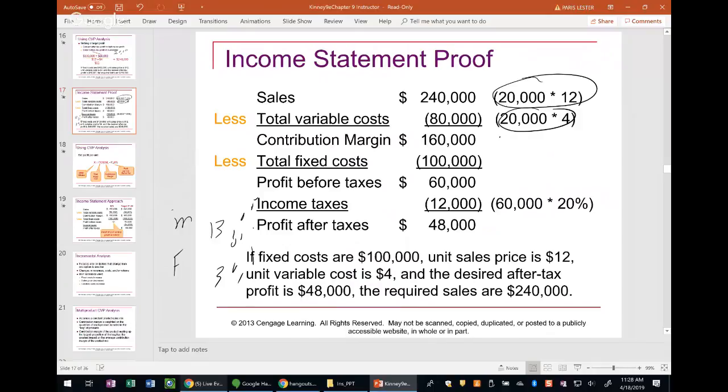That gives you 160,000 contribution margin. Take out the 100,000. Profit before taxes, 60,000. You wanted 60,000 profit before taxes.